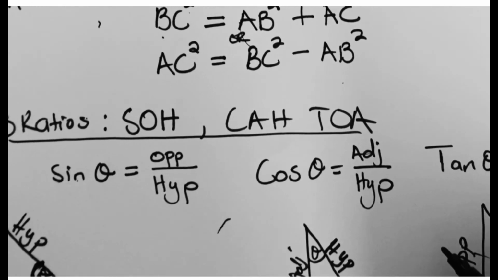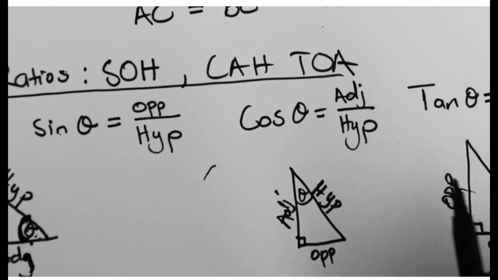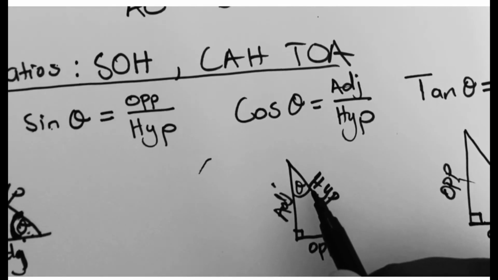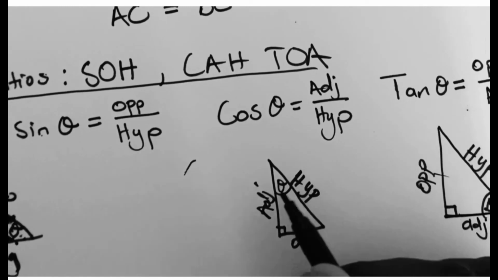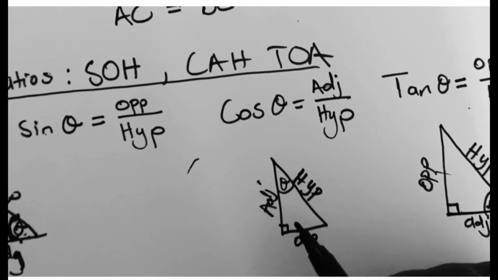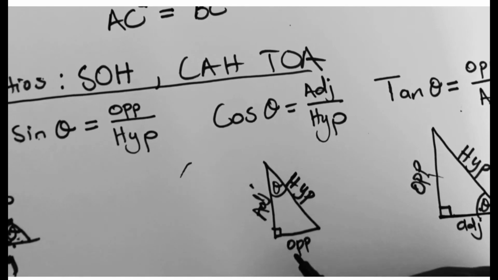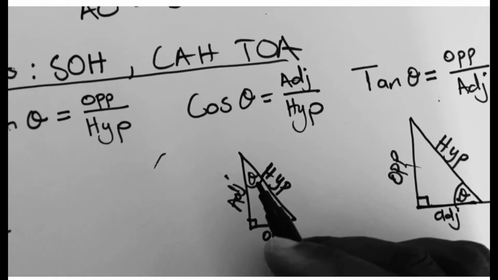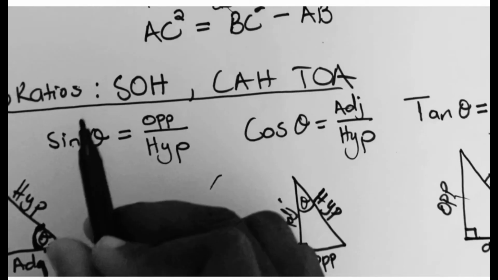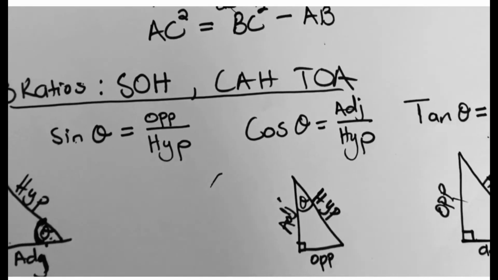When is the angle involved? When you have to find the angle, or you have to use the angle to find one of the sides, meaning you have an angle and a side and you want the other side, or you have two sides and you want the angle. That is when you use these three ratios, and we are going to explore how we use them.